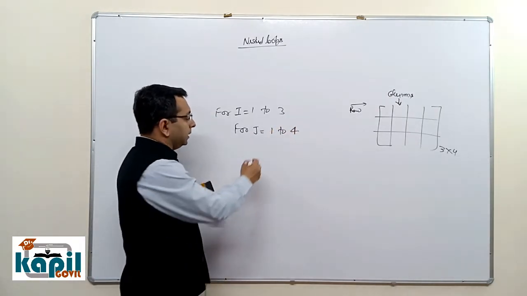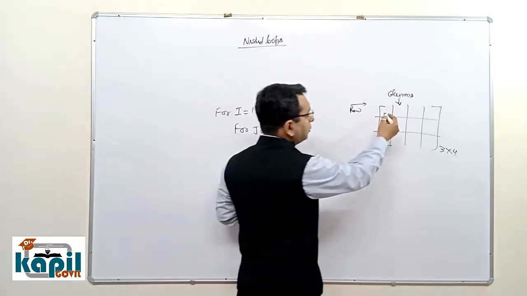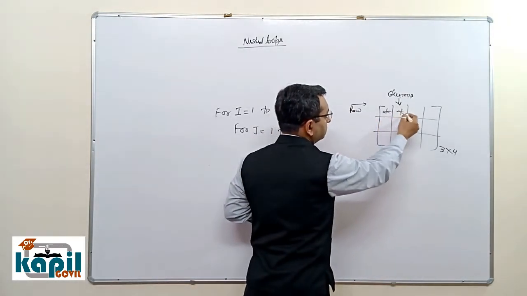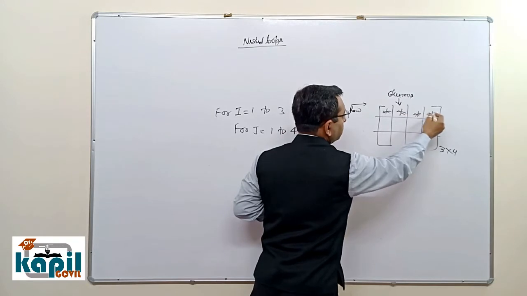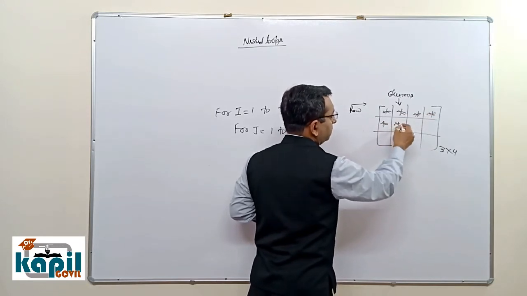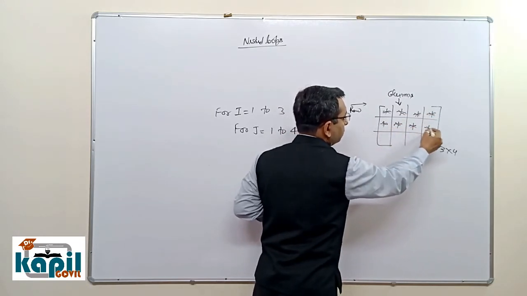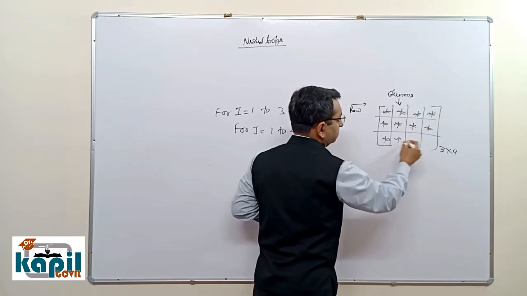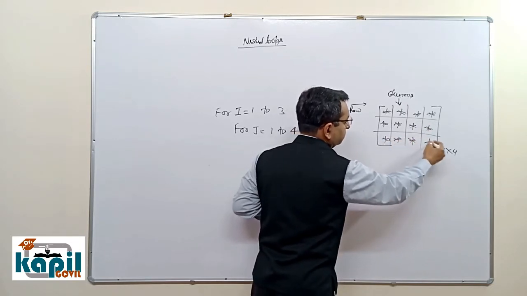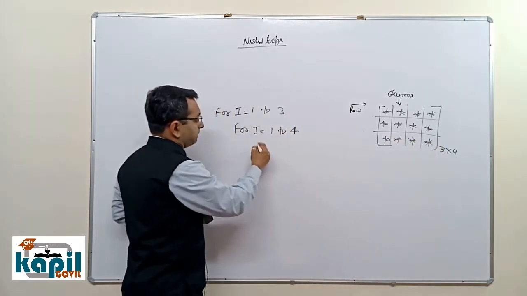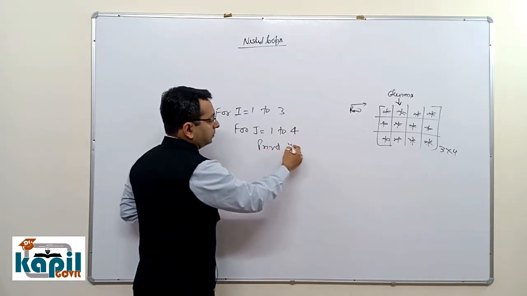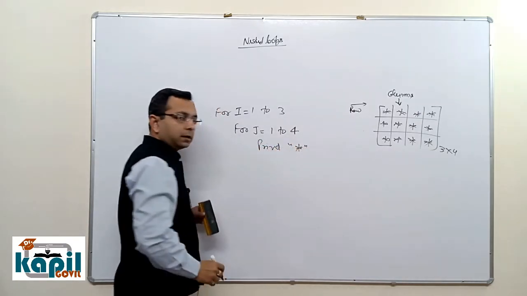For example, suppose we have to print a star in this matrix. So we are just printing a star.